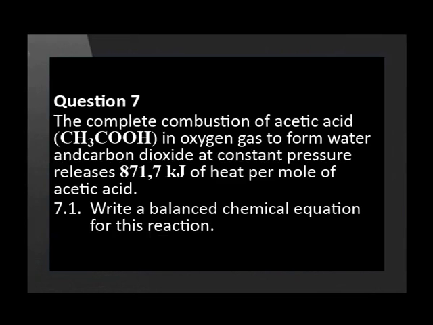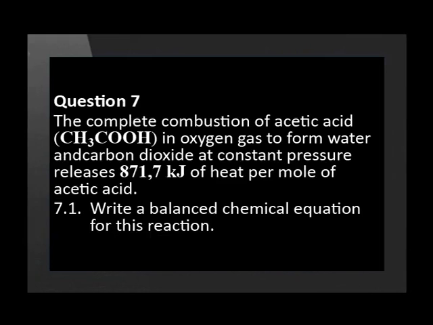The next type of question involves drawing graphs of the reactions. Remember to draw the potential energy on the y-axis and the reaction coordinate on the x-axis. The complete combustion of acetic acid with the formula CH3COOH in oxygen gas to form water and carbon dioxide at constant pressure releases 871,7 kilojoules of heat per mole of acetic acid.